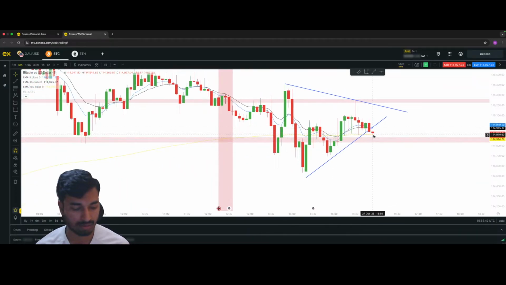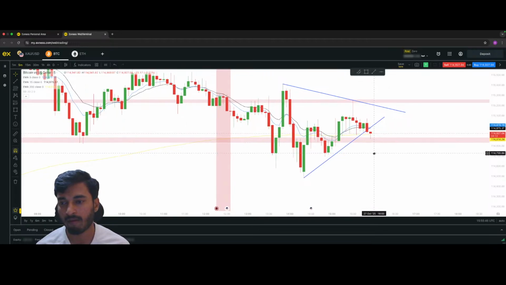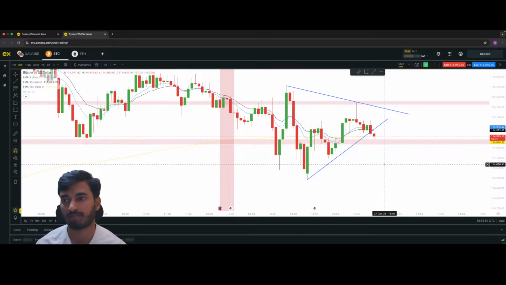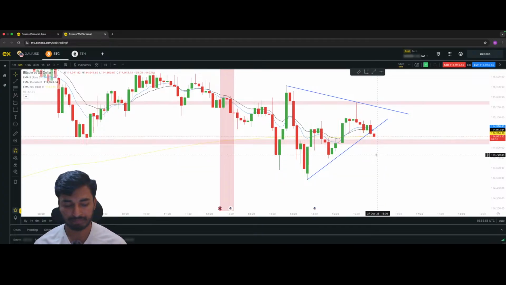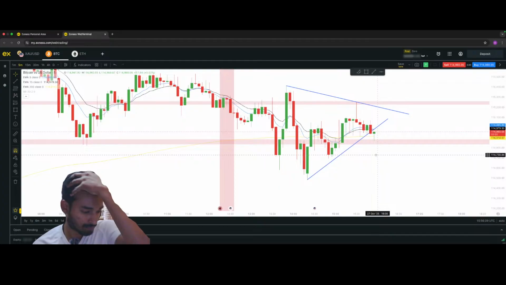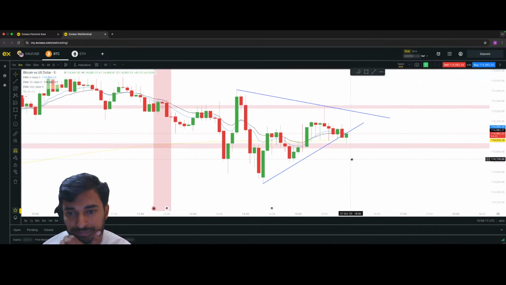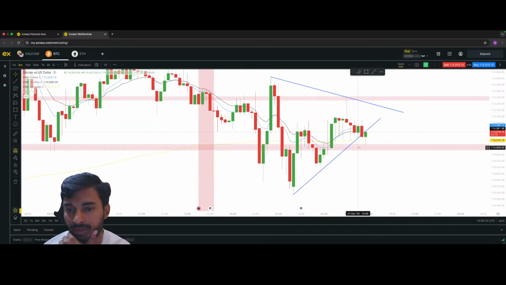This candle should close. So it is not closing below this.